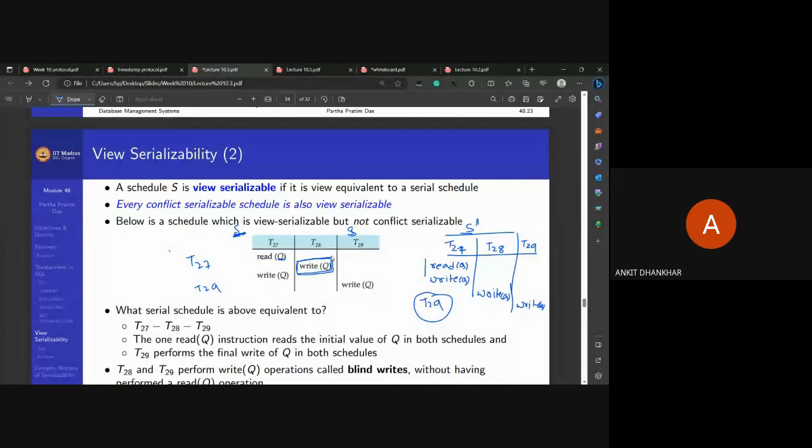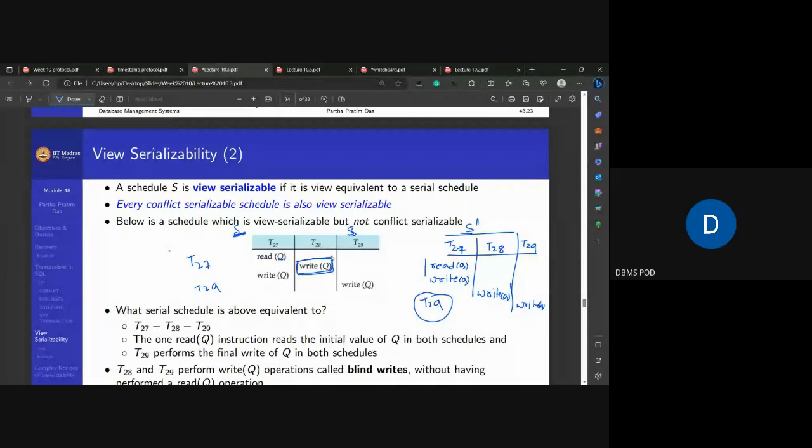For this case, what I understand is, if there is a blind write present in one of the transactions, we just have to maintain which one has occurred last. Like here, T29 is writing blindly.